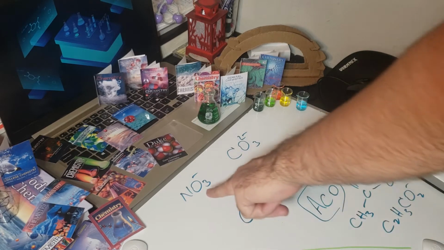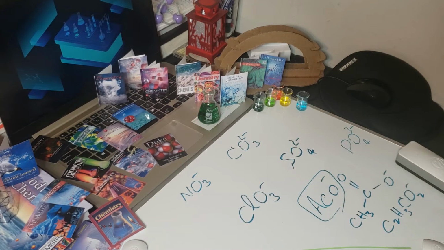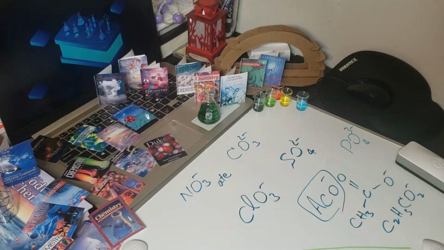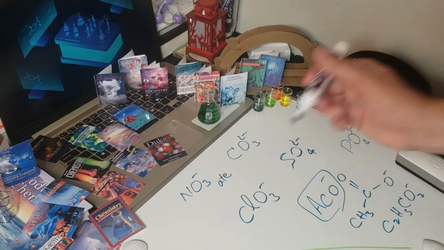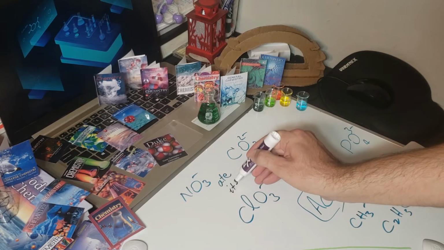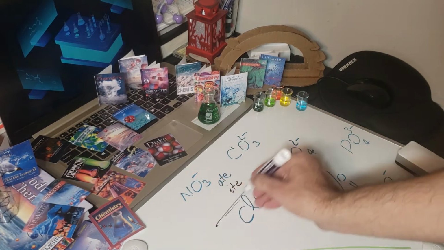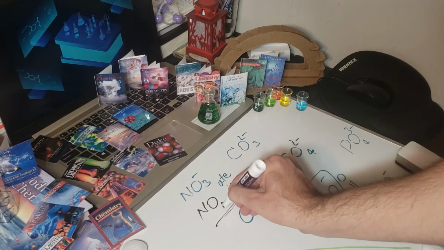When you do know nitrate, okay, this one is nitrate. If you get 1 less oxygen, you have an -ite version of it. So if you know nitrate, that is NO3 minus, you know at the same time NO2 minus.